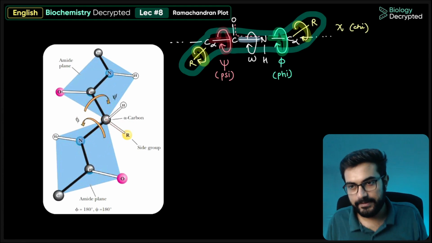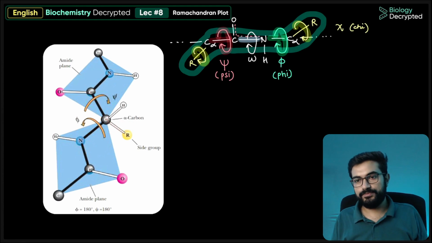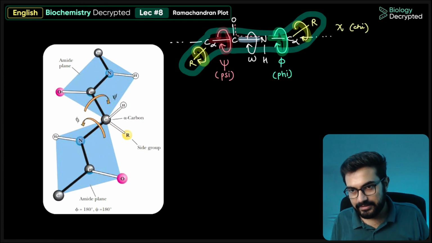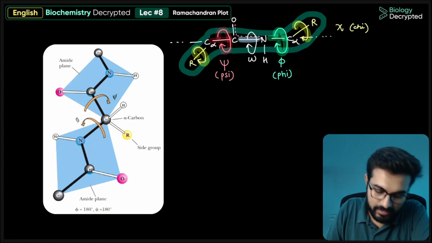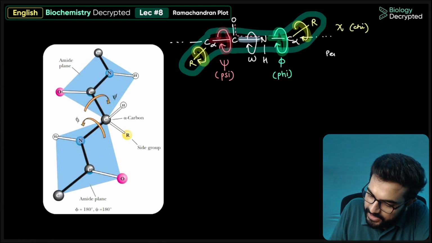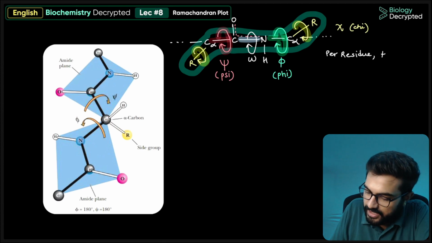As simple as that. Now, if I ask you, how many degrees of freedom exist per residue, on a per residue basis?